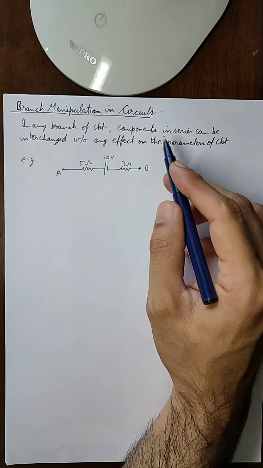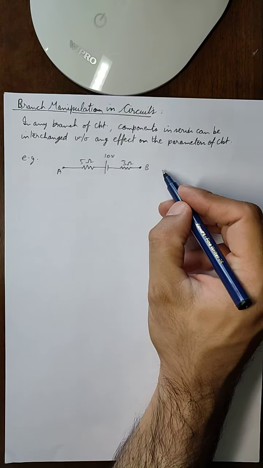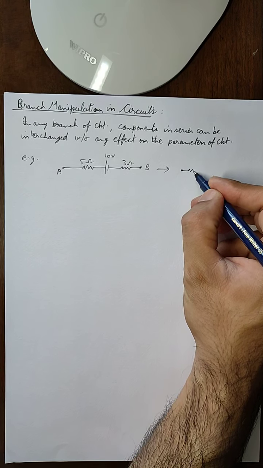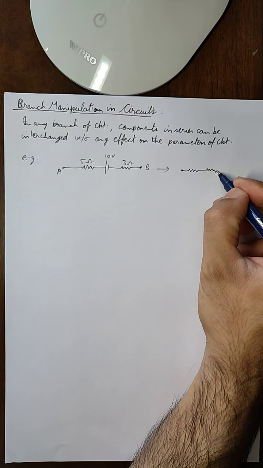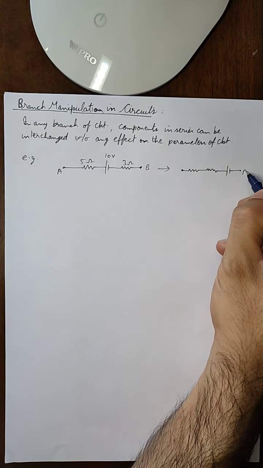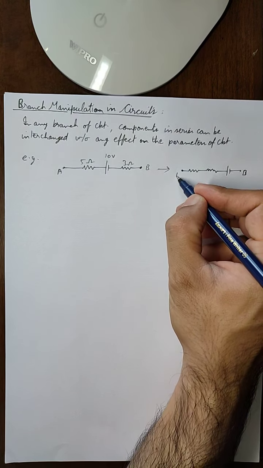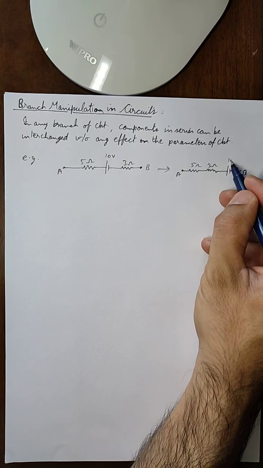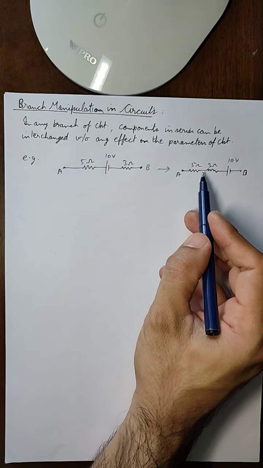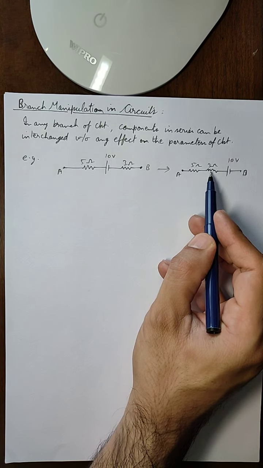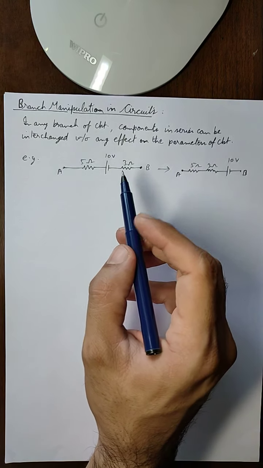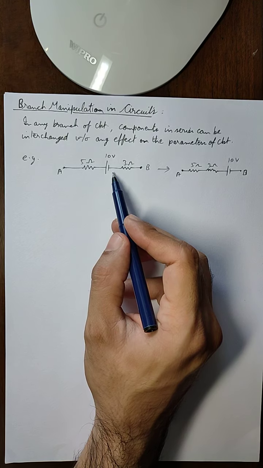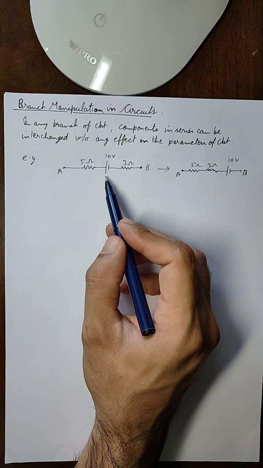So by using branch manipulation, I can convert this branch in this way. I'll interchange the battery and the 3 ohm resistor, and now it becomes much easier to see that the two resistors of 5 and 3 ohm are in series, which might not click in our minds if we were using the original branch.